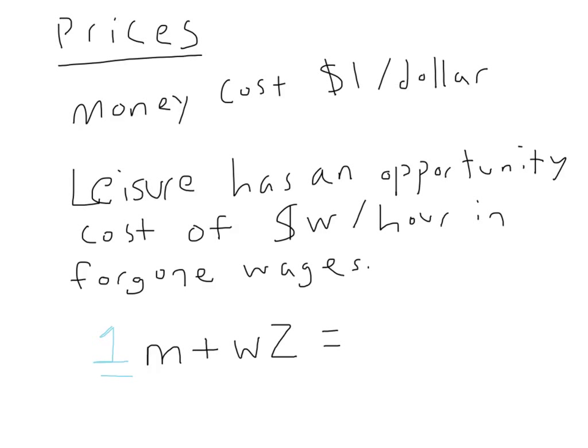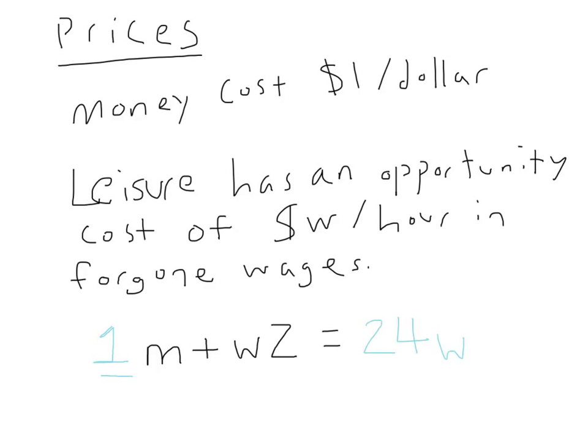The key is to notice that there's 24 hours in a day. So if we spent Z hours on leisure, we must have spent the rest, the 24 minus Z hours, generating income, getting money. Combined, we must spend our 24 hours worth of income on these two goods, leisure and money, and as a result, our income on the right-hand side is essentially 24W.